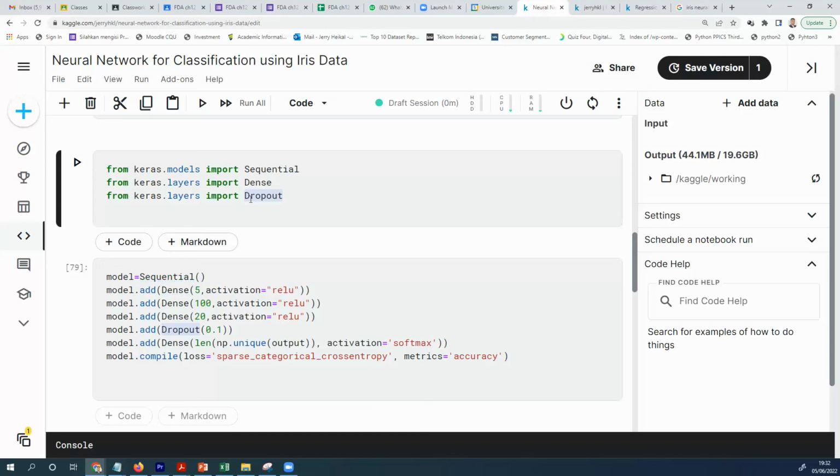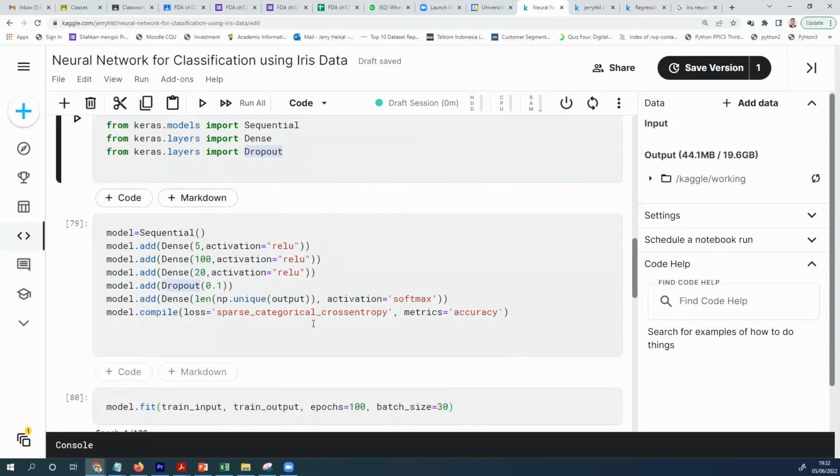We name the Sequential as model. Then we add one layer using ReLU activation, with 5 nodes. Then we create another layer with ReLU, 100 nodes in one layer. Then I use a third layer, multi-layer perceptron, with 20 nodes and ReLU activation.